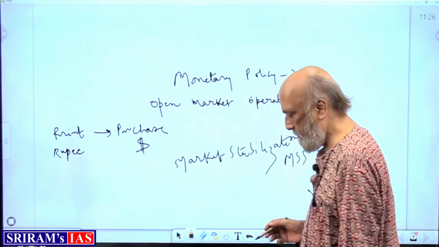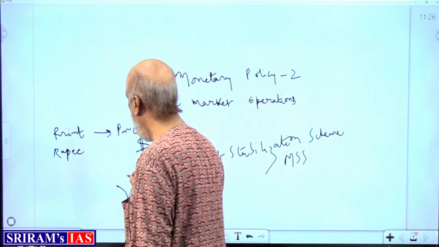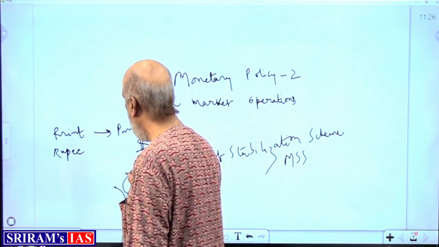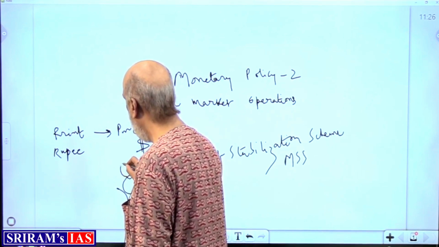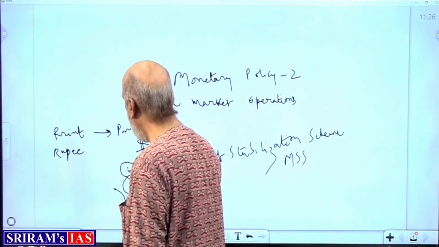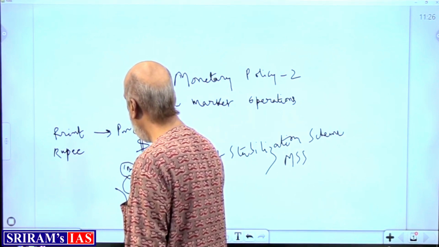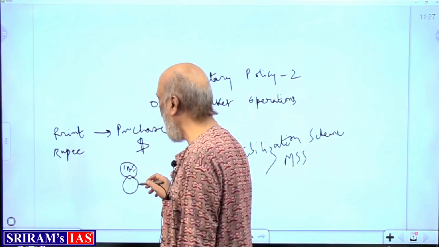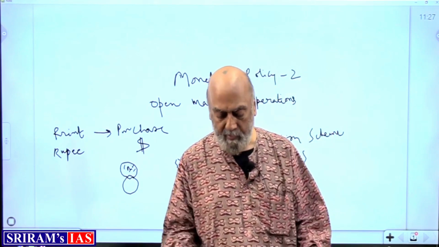This is, we have just now come to the conclusion, this is the economy and this is the amount of rupee that you require, but this much of rupee there is, this is excess of rupee, it has to be absorbed by the RBI. Economy needs 10 rupees, 100 rupees are there, 90 rupees have to be absorbed.